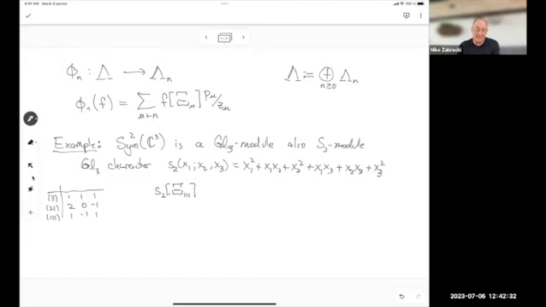That's at the identity, so the eigenvalues are 1, 1, 1. I plug 1, 1, 1 into my polynomial off to the right here, and I get 6, because there are 6 monomials. Next, S2 at 2, 1.